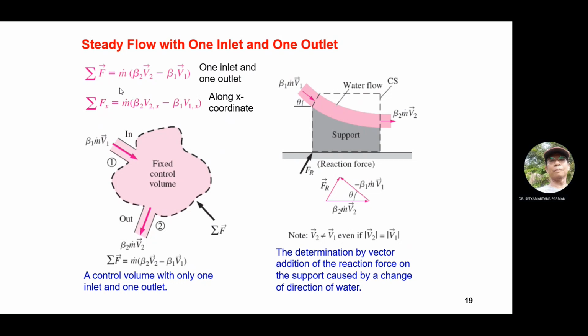If we add this vector with this vector, the result will be a vector starting from the starting point here and ending at the ending point of this vector. So this vector plus this vector gives the resultant force, this vector.